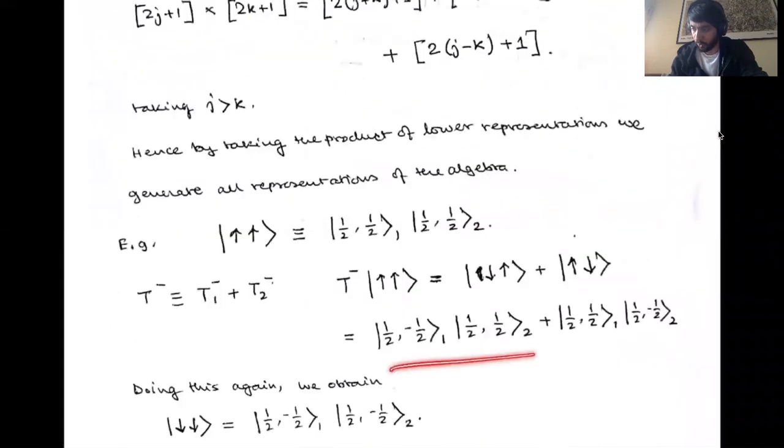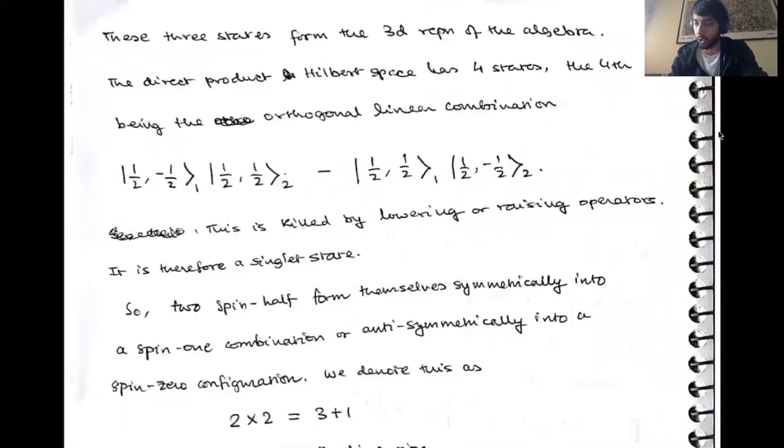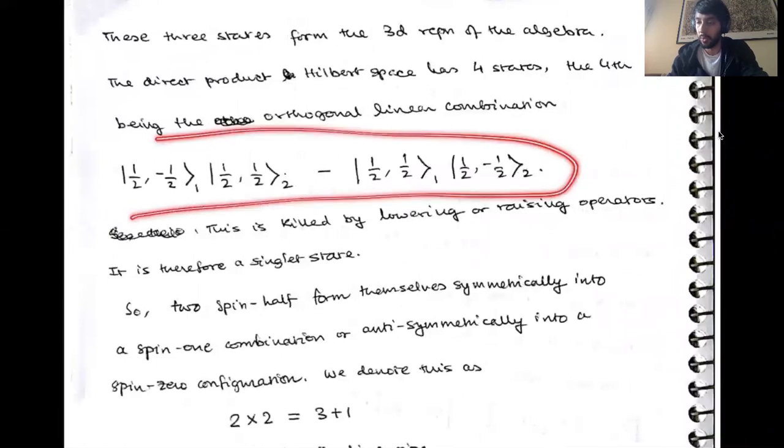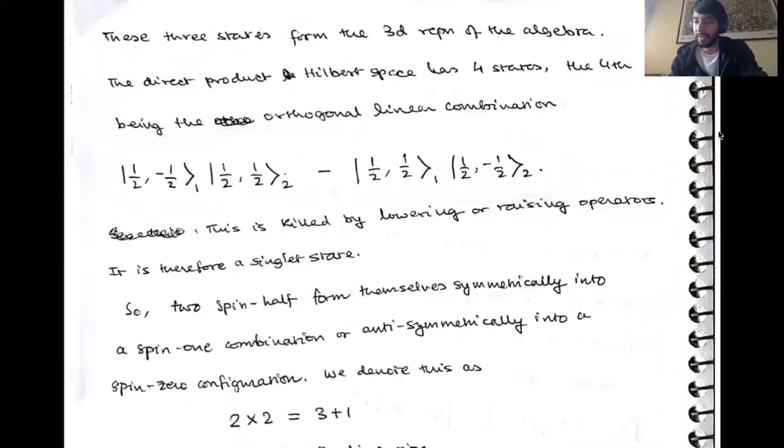So this was one combination. There's an orthogonal linear combination which looks like this. If you act with the lowering operator, that's going to be 0. If you act with the raising operator, this is going to be 0. So this is going to be a singlet state.